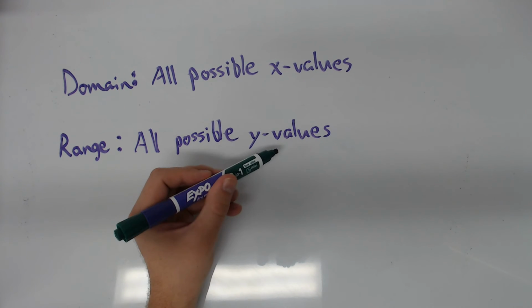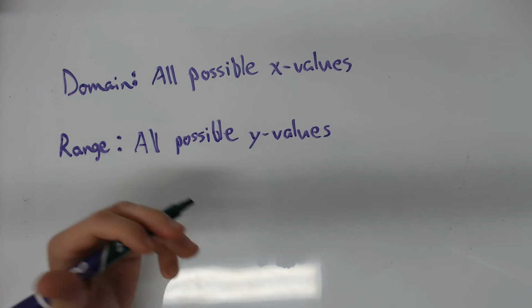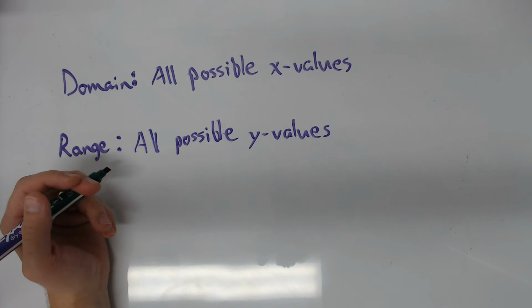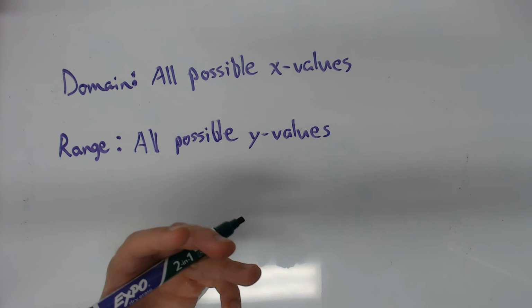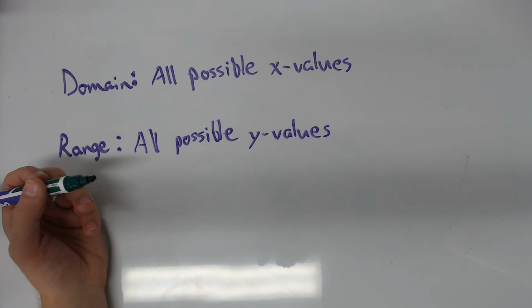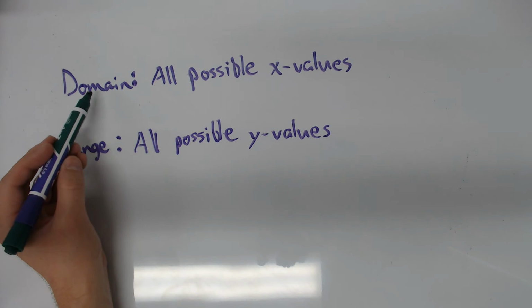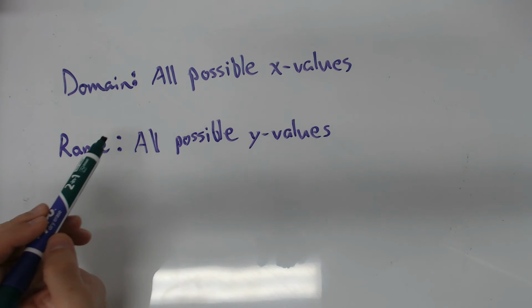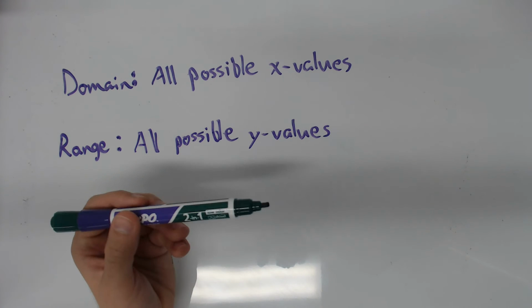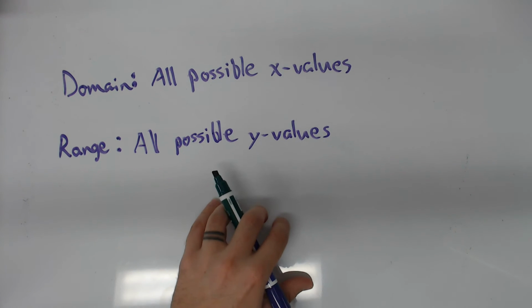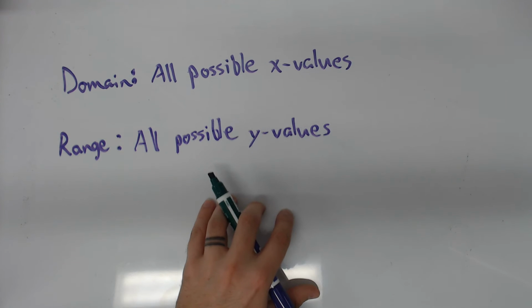Range, especially when we get into second semester, will be more limited. But for this unit, it's all about just being able to play with those ideas. So domain is listing out all of the possible x values, range is all of the possible y values. I'm going to show a couple graphs, and I'm going to give you strategies for those graphs.